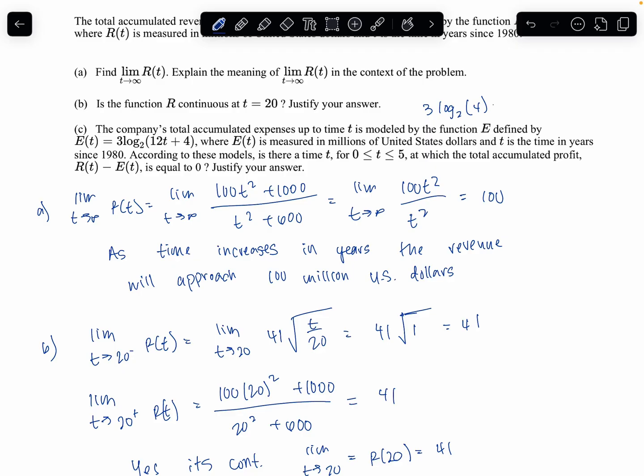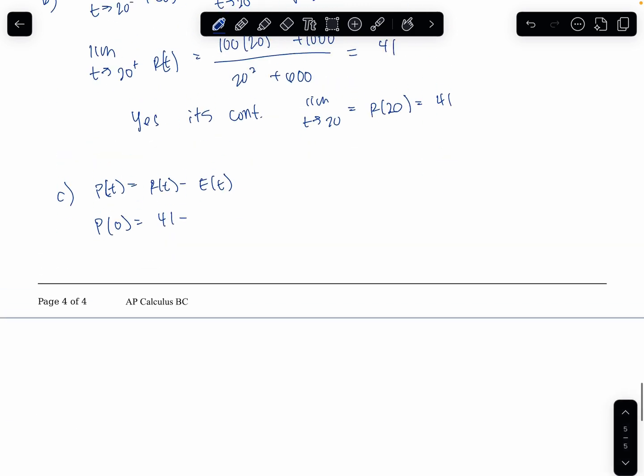All right, I got it. So 3 log base 2 of 2 squared. And with logs, if they have the same base, then they cancel. So then that becomes equal to 6. I hope I'm right there. So minus 6, okay? So keep that in mind.